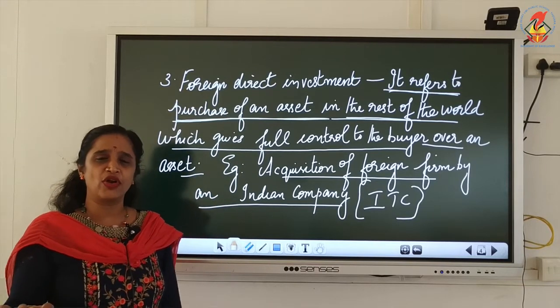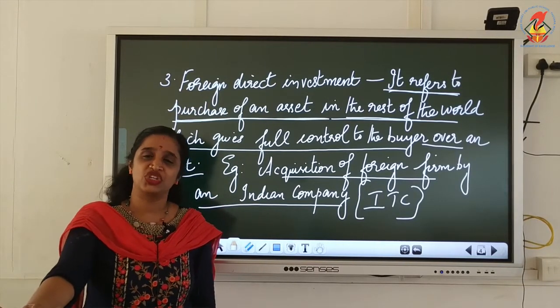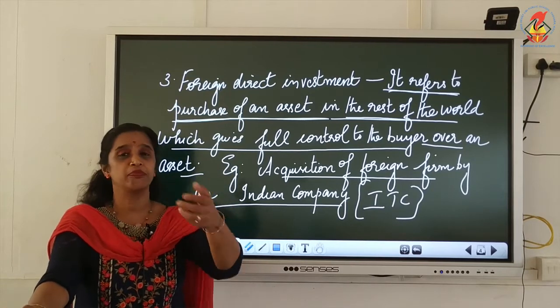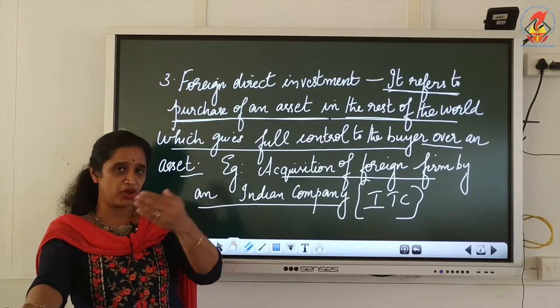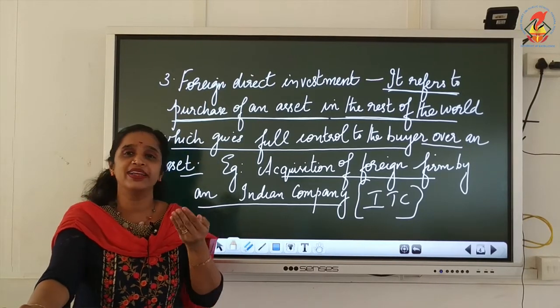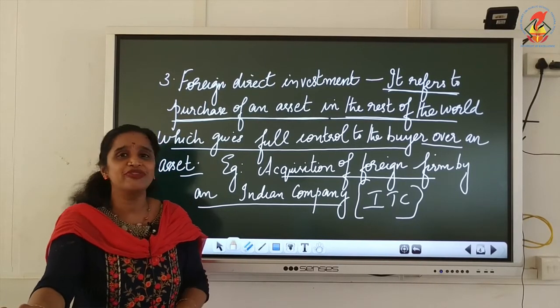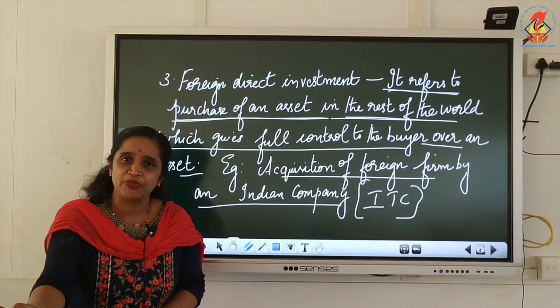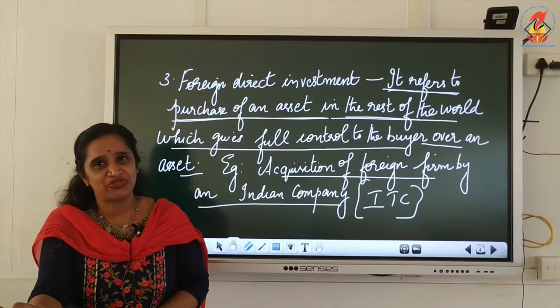Purchase of an asset. We are always interested to purchase an asset. Here, purchase of an asset by an Indian company. So, we are talking from the point of view of India. So, purchase of an asset by India from the rest of the world. What is meant by rest of the world? The countries which are abroad are known as the rest of the world.